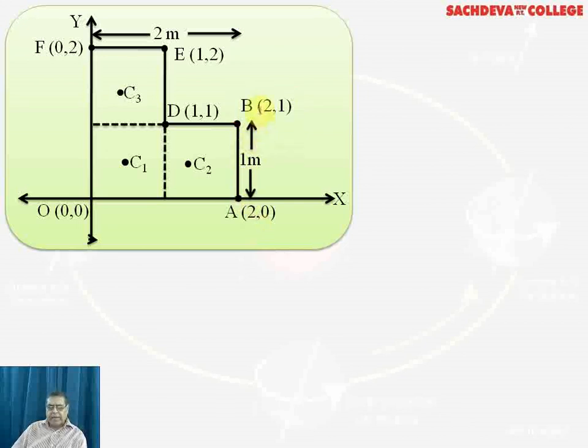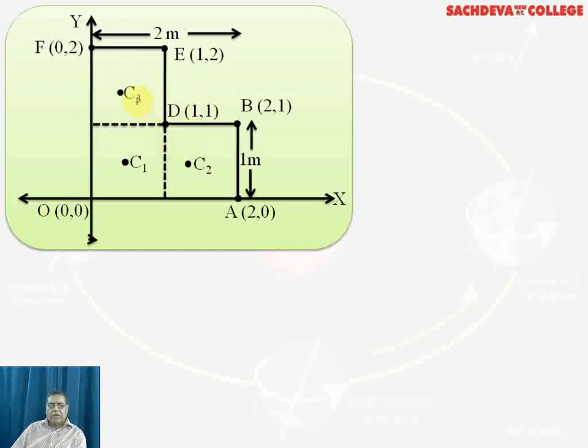That is, 2 is the length and 1 is the height. And C1, C2 are the centers of mass. Now we take D, whose coordinates are (1, 1). It means the length of the point is 1 on the x-axis and the breadth is 1 on the y-axis. And the center of mass is C3.